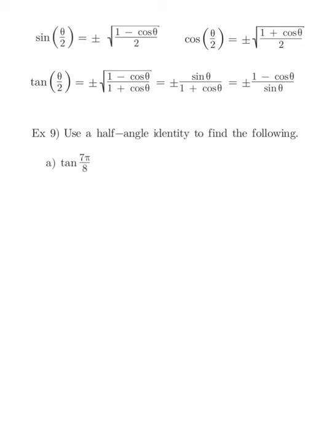Think about 7 pi over 8. 7 pi over 8 is in quadrant 4. So tangent in quadrant 4 is negative. So we do know that we're going to have to put the negative on the front. The plus or minus on the front means you have to think about what quadrant you are in. Should it be positive or should it be negative?